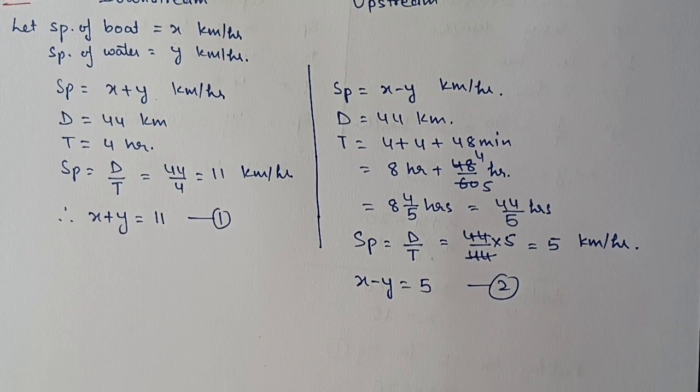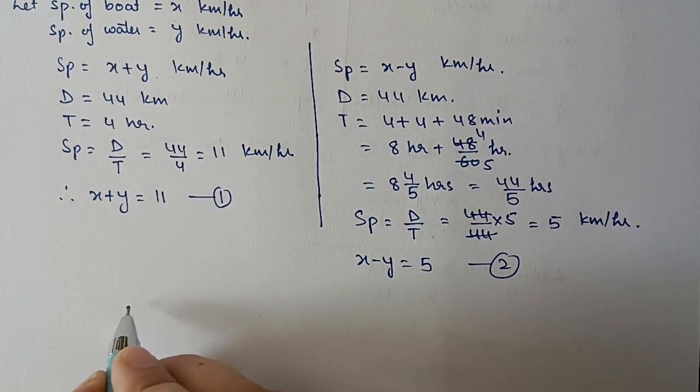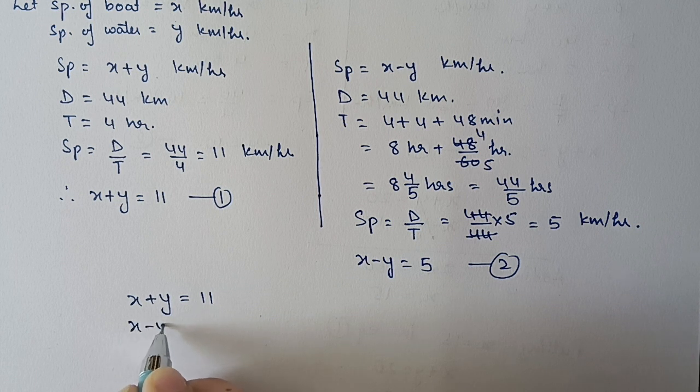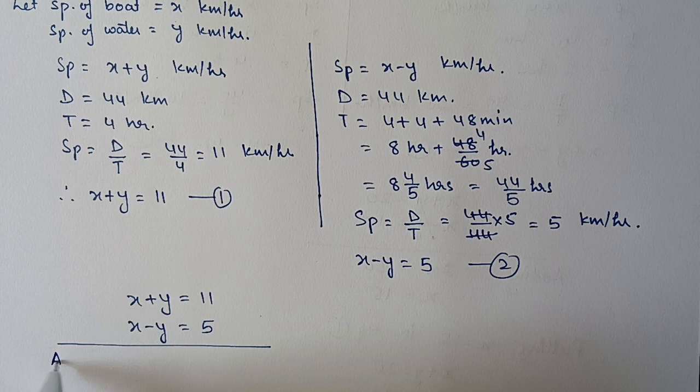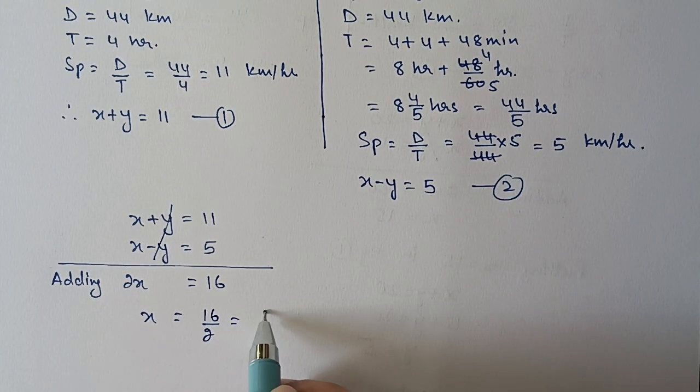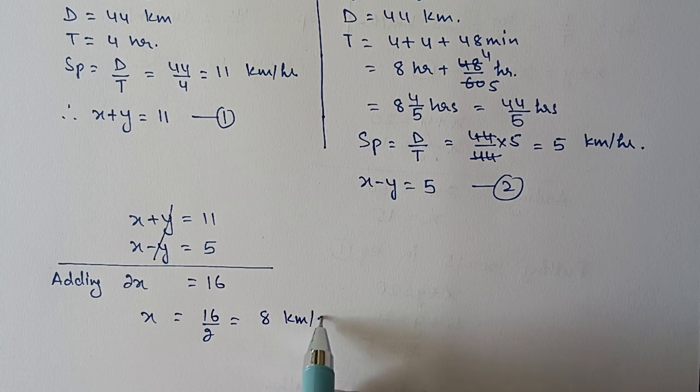Now these two equations we have to solve. The first equation we have x plus y equal to 11. The second we have x minus y equal to 5. If we add these two equations, x plus x becomes 2x, y minus y cancels out, and 11 plus 5 becomes 16. So the x value is equal to 16 by 2, meaning 8 kilometer per hour.